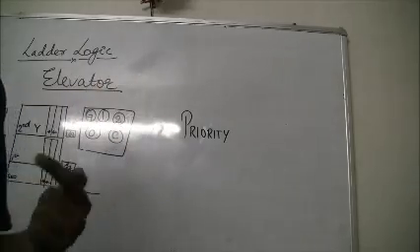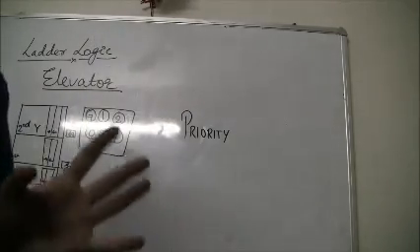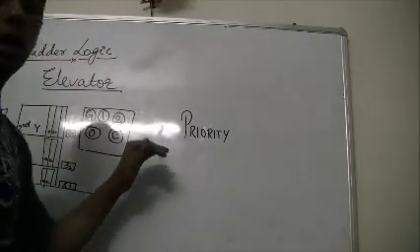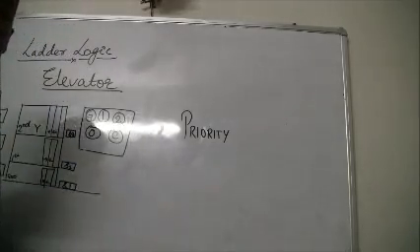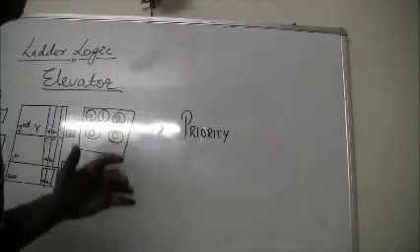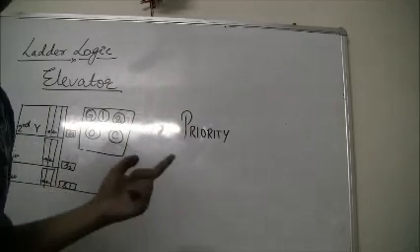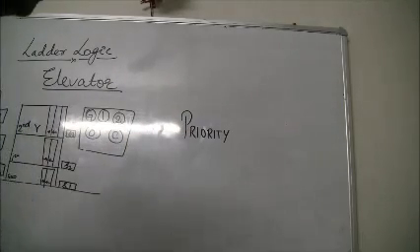It would first go to the 7th floor, then come back to the 5th floor, take the passengers, and then go to the ground floor. We are not dealing with any sort of priorities in this particular example. We assume that the elevators are on particular floors and people have called the elevator from outside.